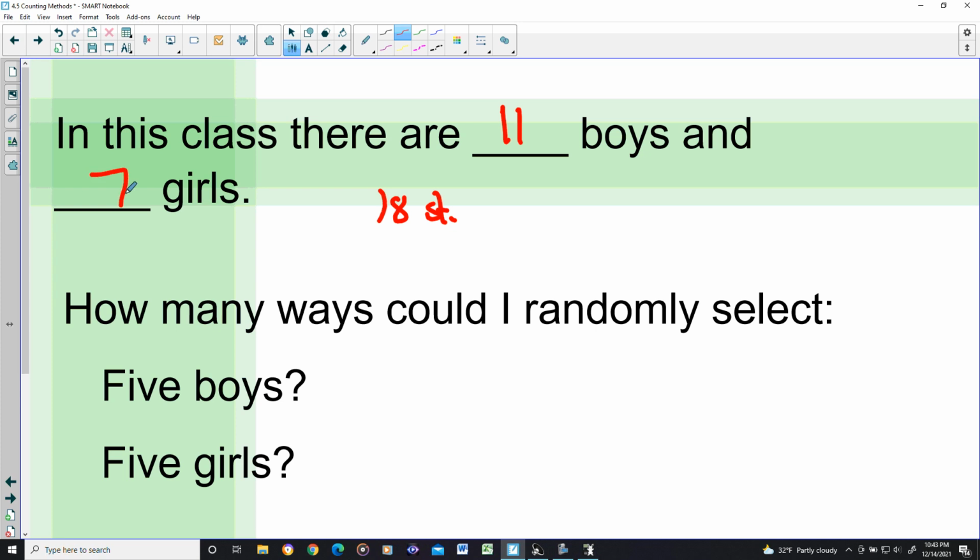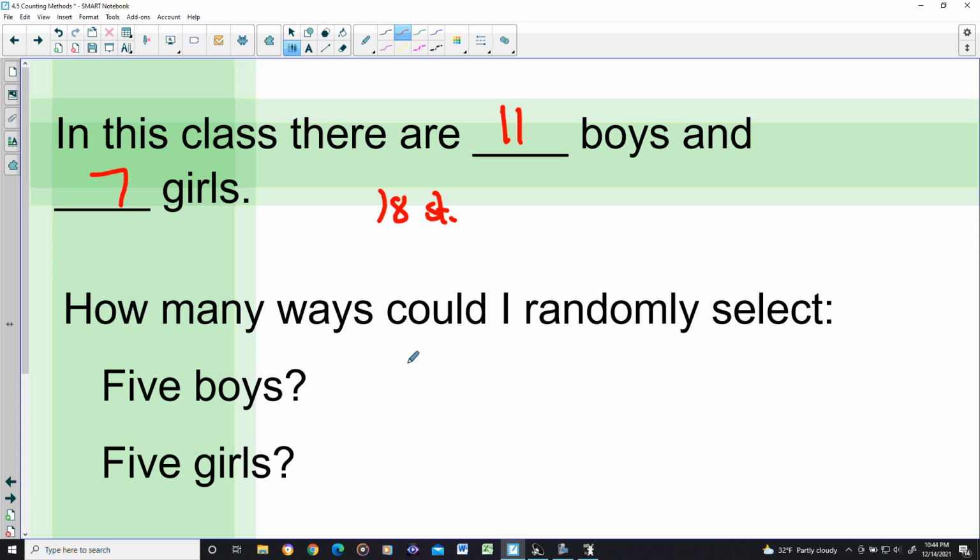Okay, now how many ways could I randomly select 5 boys? Regardless of whether I'm picking from just the boys or picking from everybody, we're not looking at probability, we're looking at how many ways. So I'm looking for 5 out of the 11 boys.